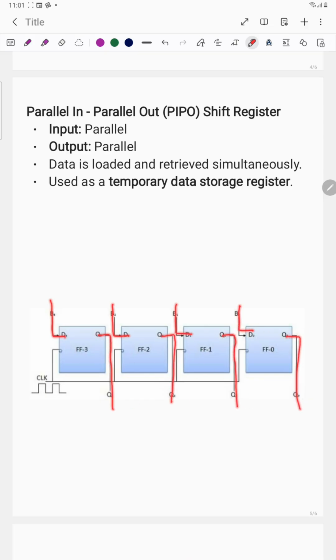You have to mention the outputs like Q0, Q1, Q2, Q3, and the inputs like B1, B2, B3, B4, or something like that, and mention the clock signal also.